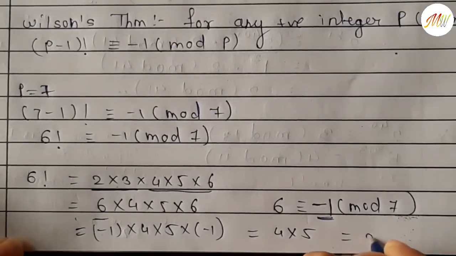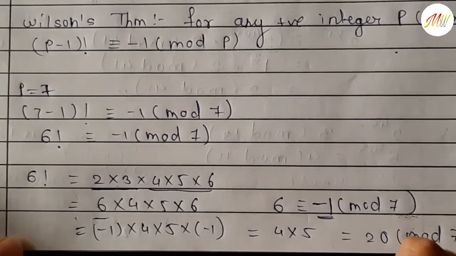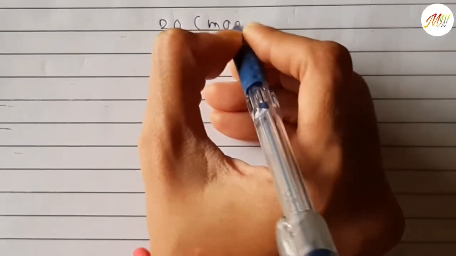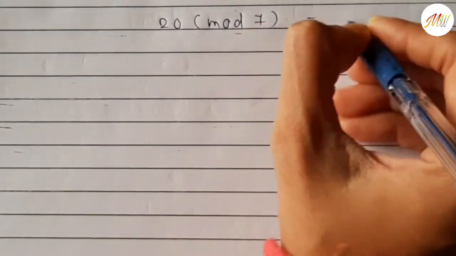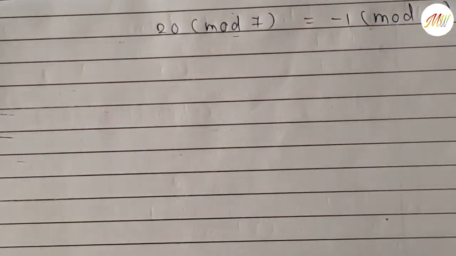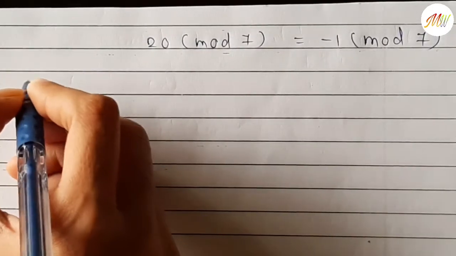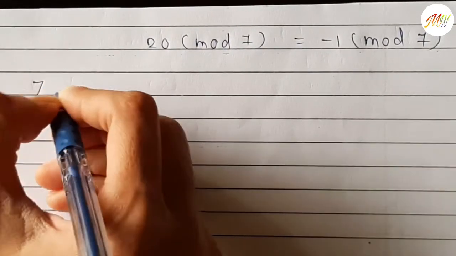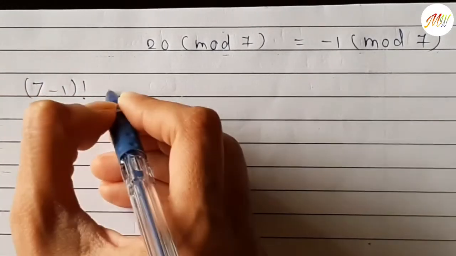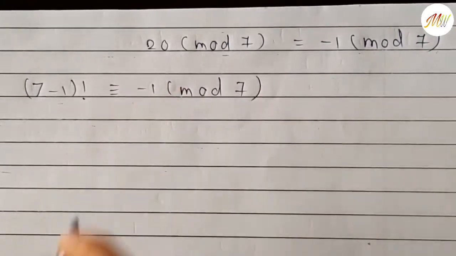Okay, which is equal to 20 mod 7. Okay, so 20 mod 7 is equal to minus 1 mod 7. Okay, that's what we have to show, that is 7 minus 1 factorial is congruent to minus 1 mod 7.